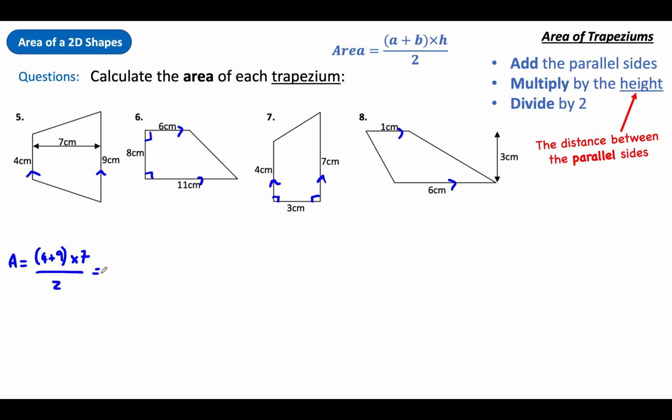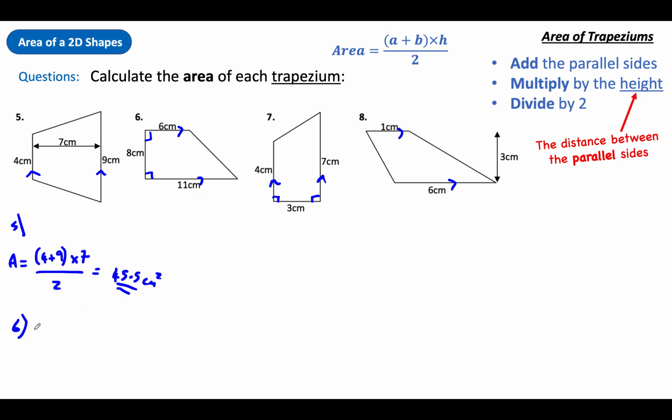Okay, so I'm going to put that formula into my calculator, and I get 45.5. I'm just going to double check that. Yeah, 45.5. And that's centimeters squared.